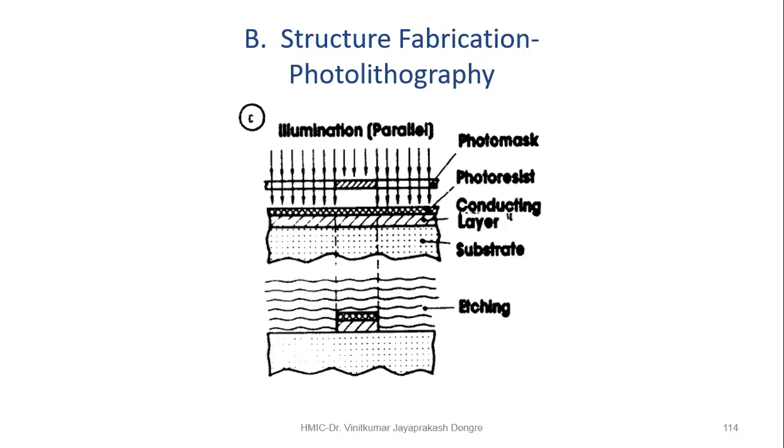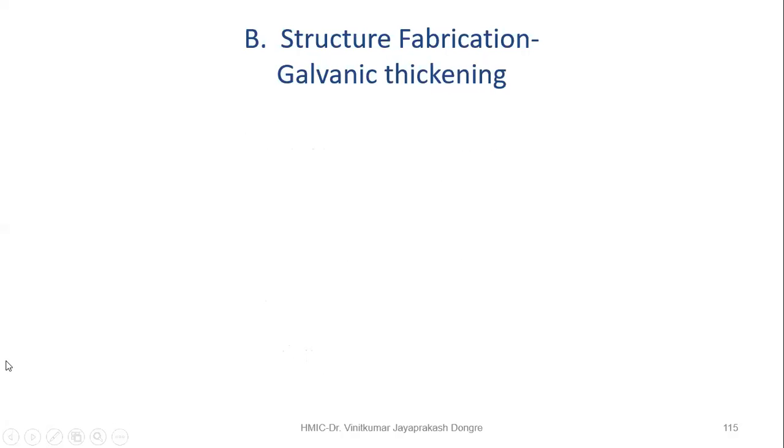It is shown here. The photoresist material is developed and it resists, so this portion will remain and the other gets etched. So this is one process, photolithography, and after etching this is done. This is the simple process.